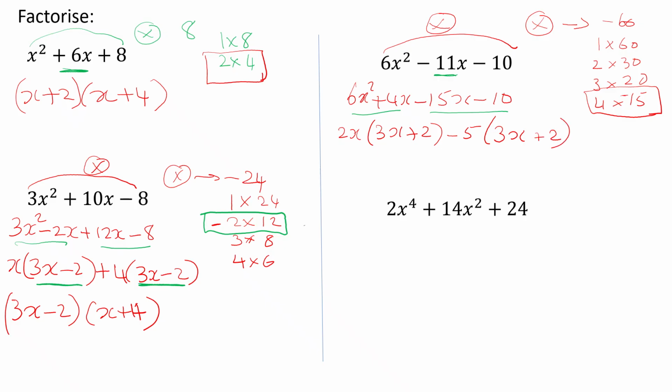You can see 3x plus 2 is common to both terms. So (3x + 2) times (2x minus 5).